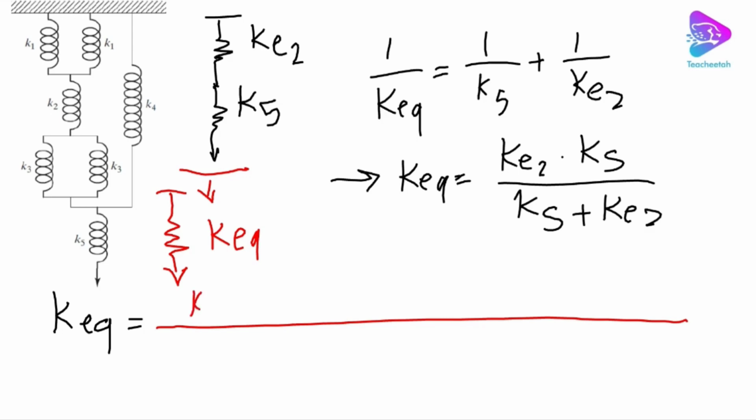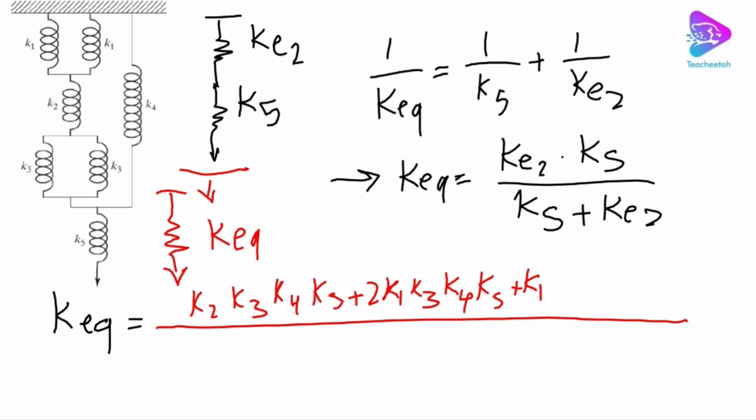So we have K2, K3, K4, K5 plus 2, K1, K3, K4, K5. You can double check my answers if you want. Plus K1, K2, K4, K5, and finally plus 2, K1, K2, K3, and K5, right?